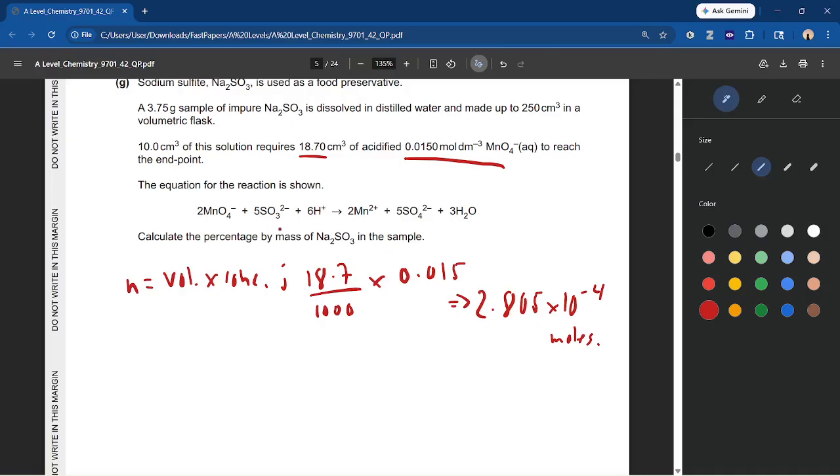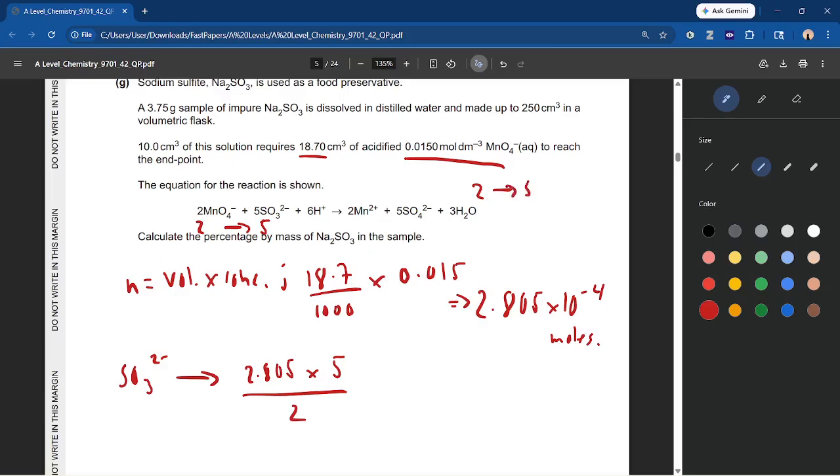If we take a look at the molar ratio, you need 2 moles of this to balance 5 moles of this. So the moles of sulfite that you have is going to be 2.805 times 10 to the power minus 4, first multiplied by 5 because that's the molar ratio, and then divided by 2. This is the unitary method.